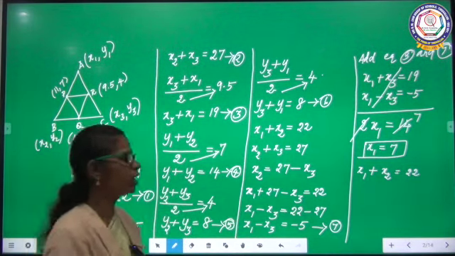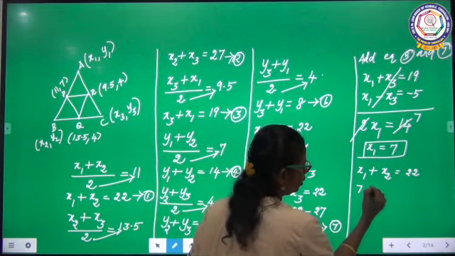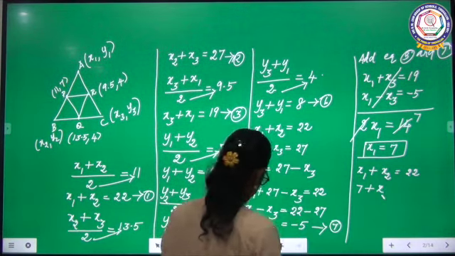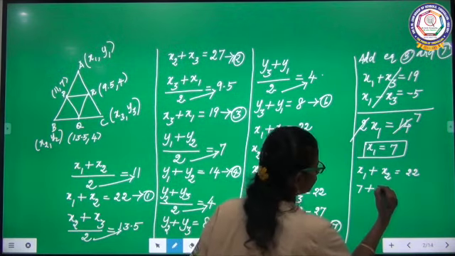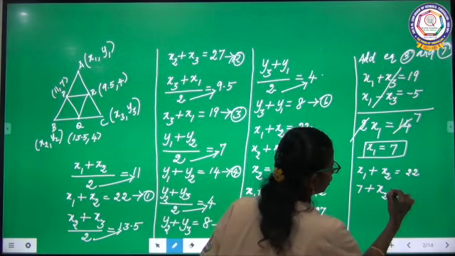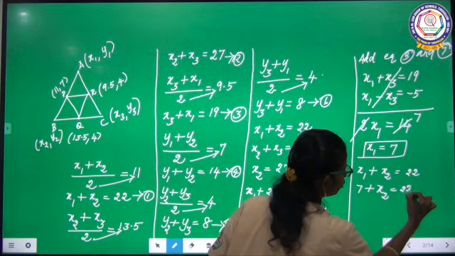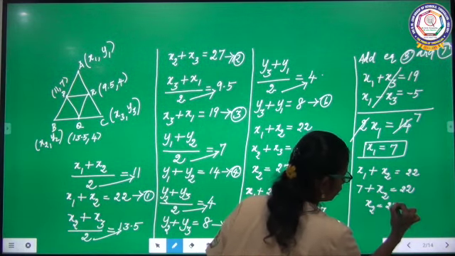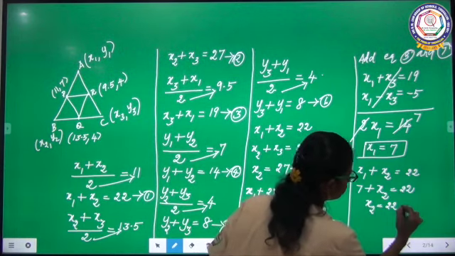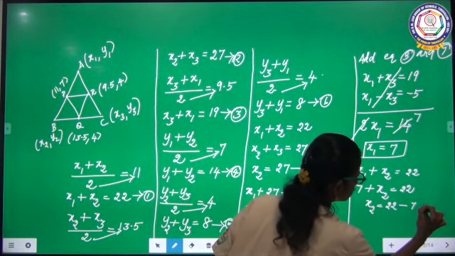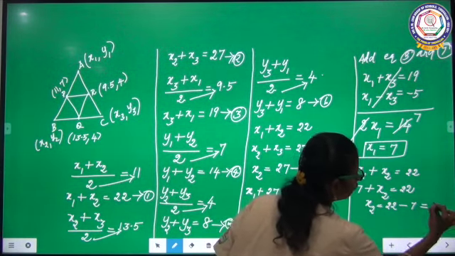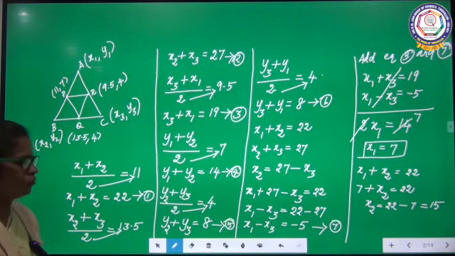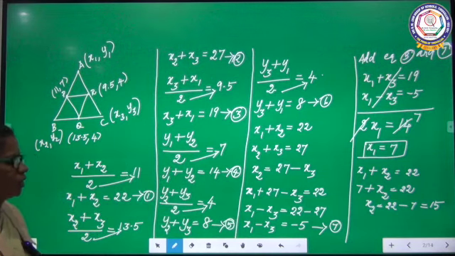x1 equal to 7. 7 plus x2 equal to 22. x2 equal to 22, the 7 becomes minus, which is equal to 15, right? x2 equal to 15. x1 you got as 7.